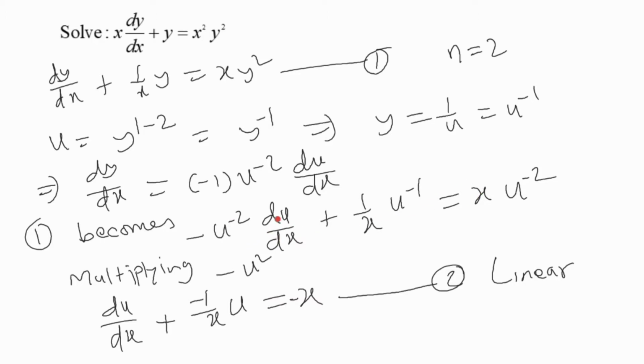We can see the coefficient of du/dx is -u^(-2), so we have to make it 1. So we multiply this equation by -u^2, so the new equation becomes du/dx + (-1/x)u = -x.